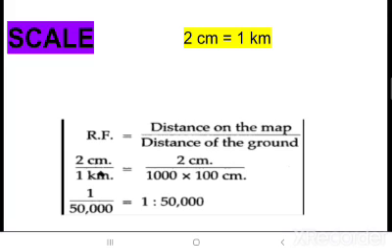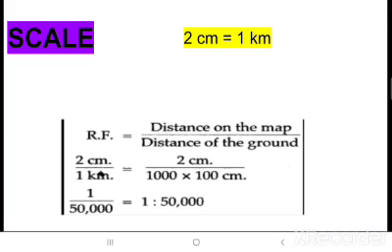And when you find the ratio with respect to the map and the ground, that is called the representative fraction. It is the ratio of the distance on the map to the distance on the ground.